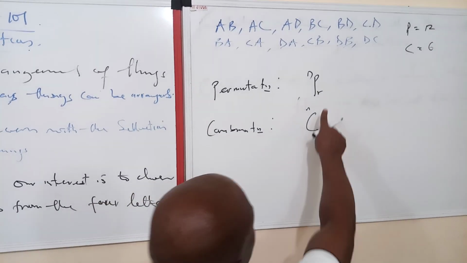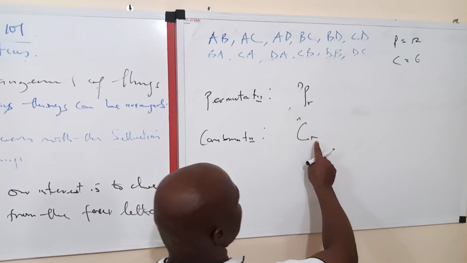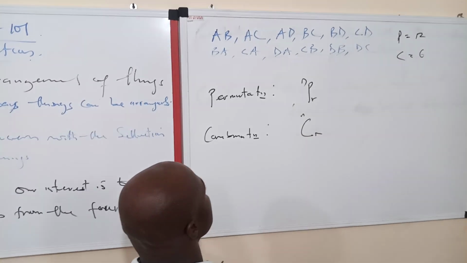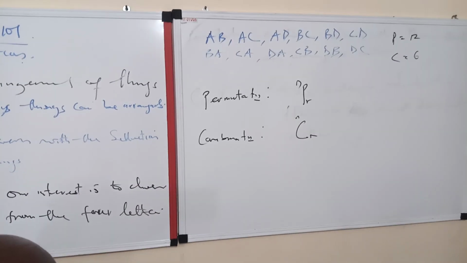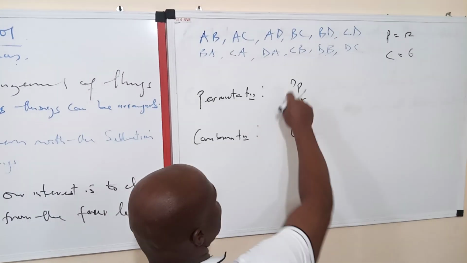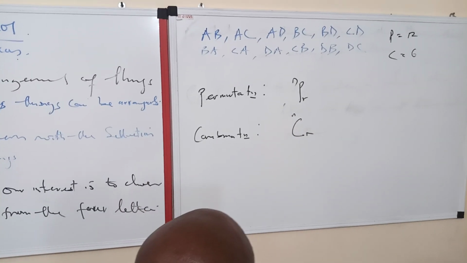This one, the number in which the items will be arranged, whereas this one, the number in which the items will be combined. And n here is the total number of items to be considered.